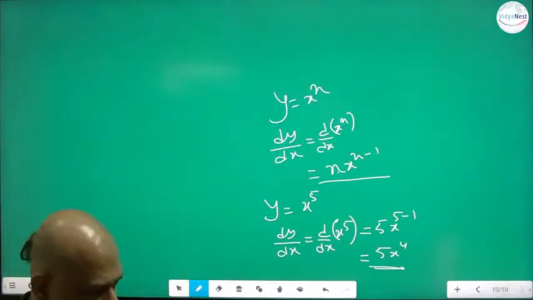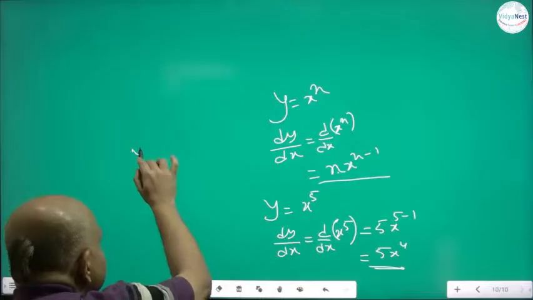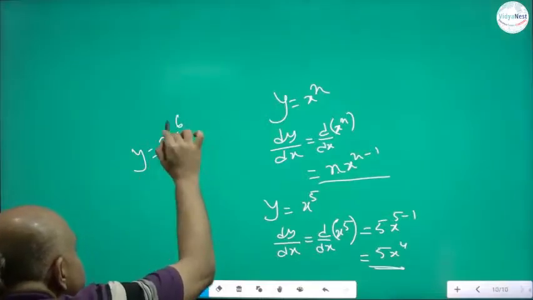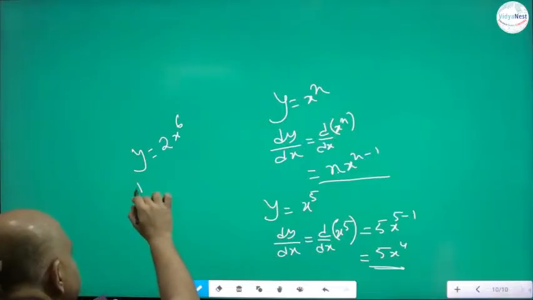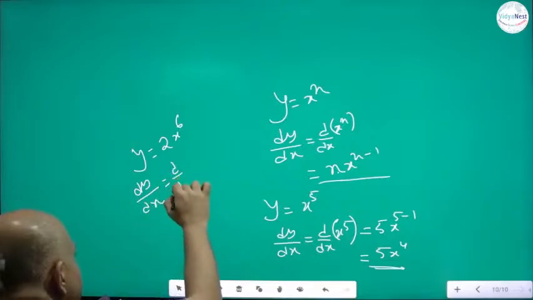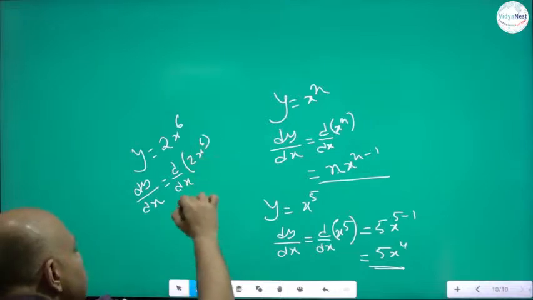Very good. Saurabh, suppose any constant is multiplied, say 2x to the power 6. If I differentiate 2x to the power 6, then this constant 2 will come out.